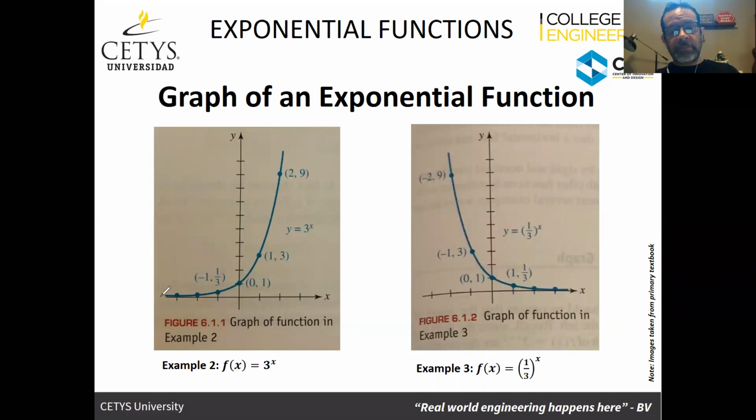So it starts off here very close to the x-axis with very small values, and then it starts growing increasingly as it approaches the 0 of the x-axis. And for 0, this is important, the value is going to be 1.